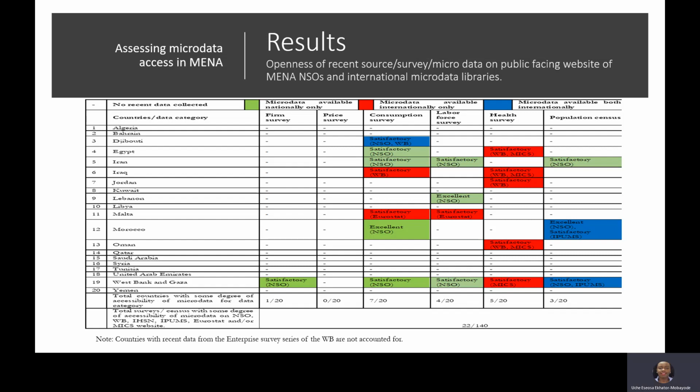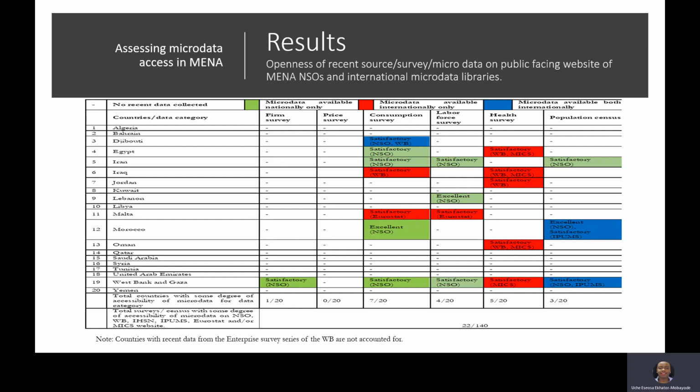Because of that, we also take a look at other international microdata libraries or repositories where the data for a country could be available. We look at the microdata library of the World Bank. We also look at the microdata library of IPUMS.